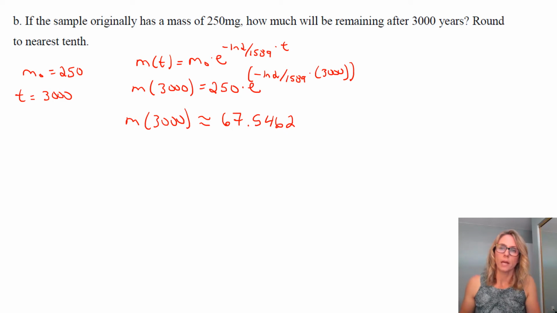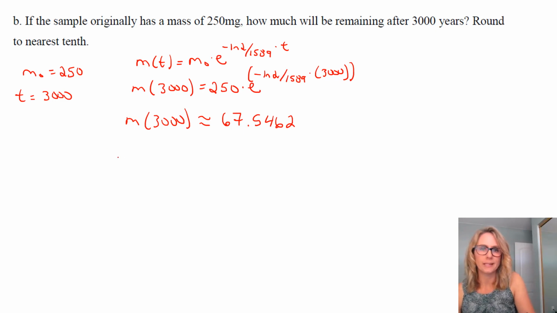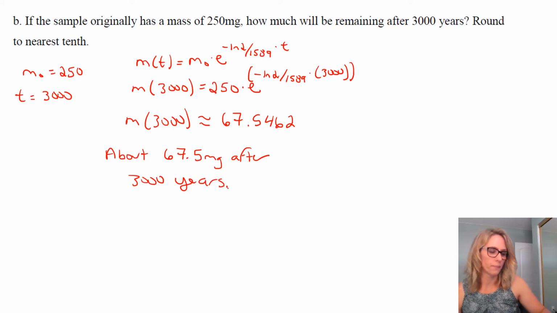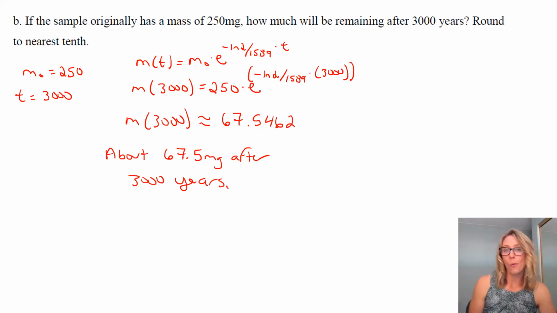But it's been 3,000 years, so whatever we started with is going to get smaller. To the nearest tenth, it's about 67.5 milligrams after 3,000 years. And there we go. And that is section 4.6.